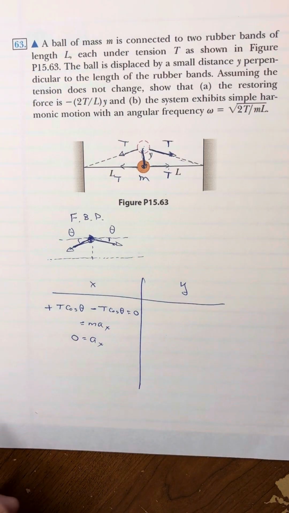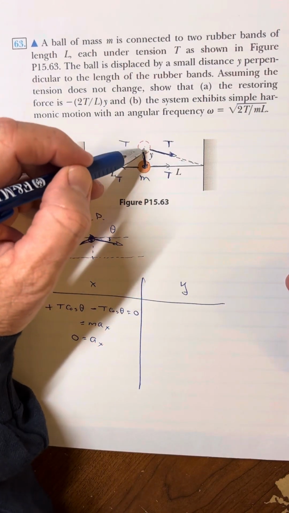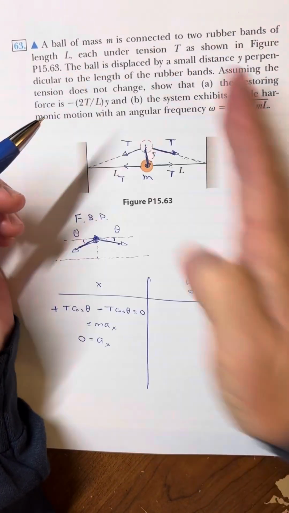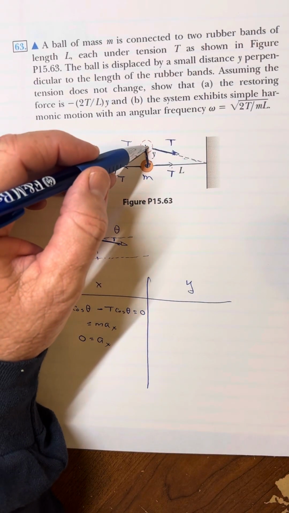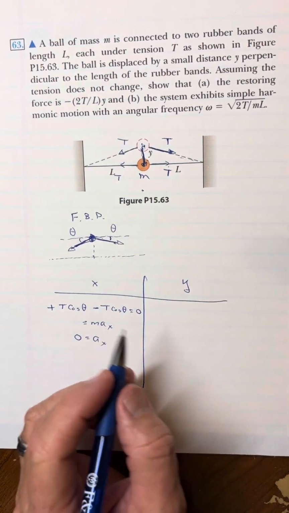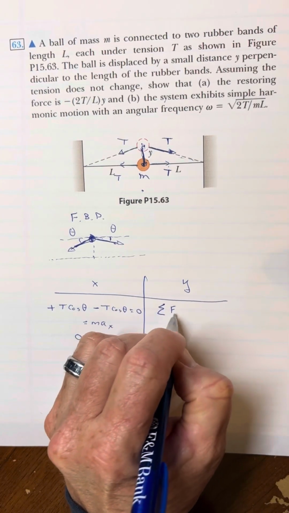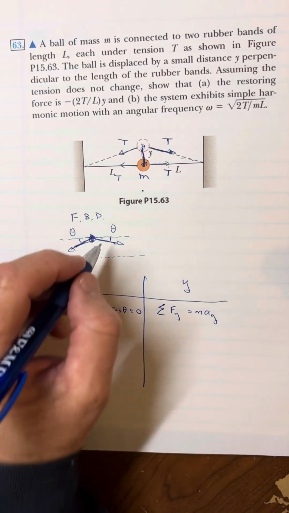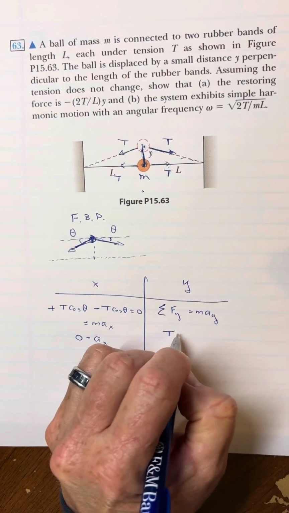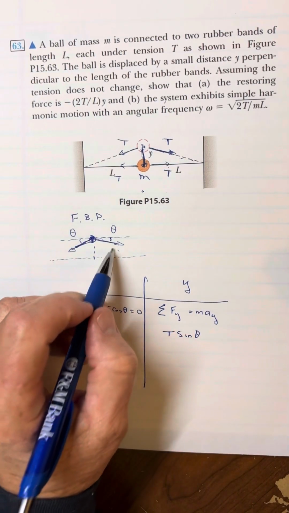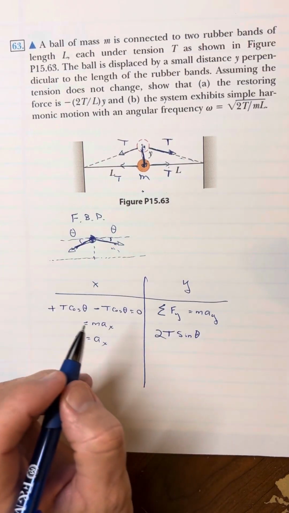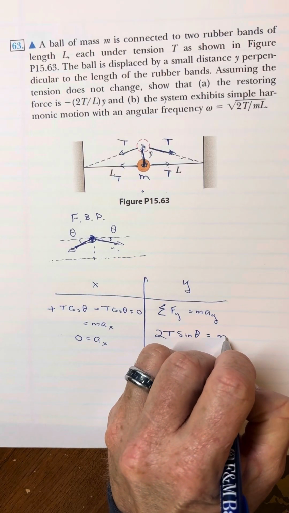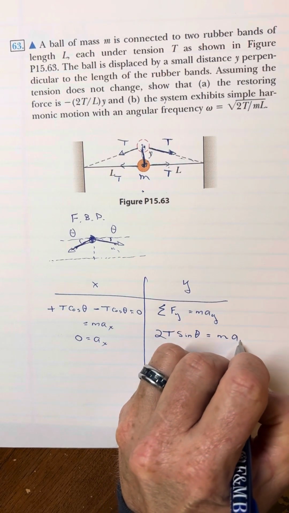None of that is a surprise: as you pull it up here, it's not going to be moving left or right. But it is going to be pulled down, and that's what this column would do. When I add up all the forces in the vertical direction and set it equal to ma, the vertical direction would be T sine theta for this one. The second one would be identical, so I'll just double it. That has to equal mass times acceleration in the y direction.